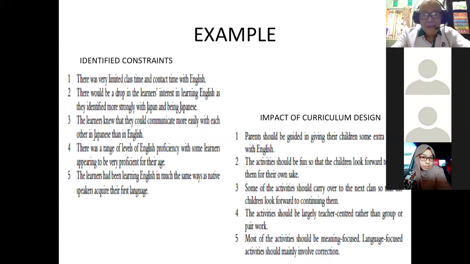Okay. And then another constraint, probably what we mentioned last week, there was a range of levels of proficiency. So one learner might be very proficient, while the others are not really proficient at all. So this difference will affect the curriculum once again.